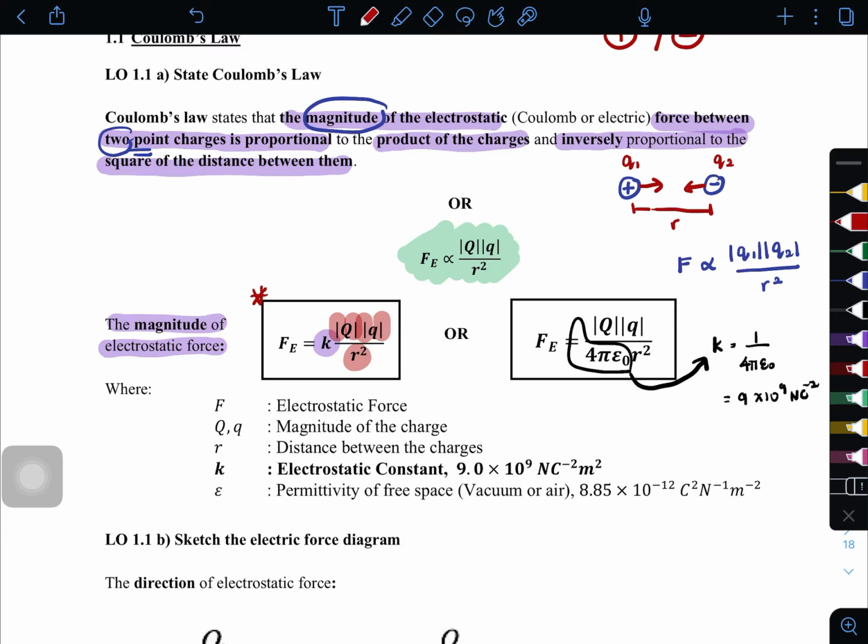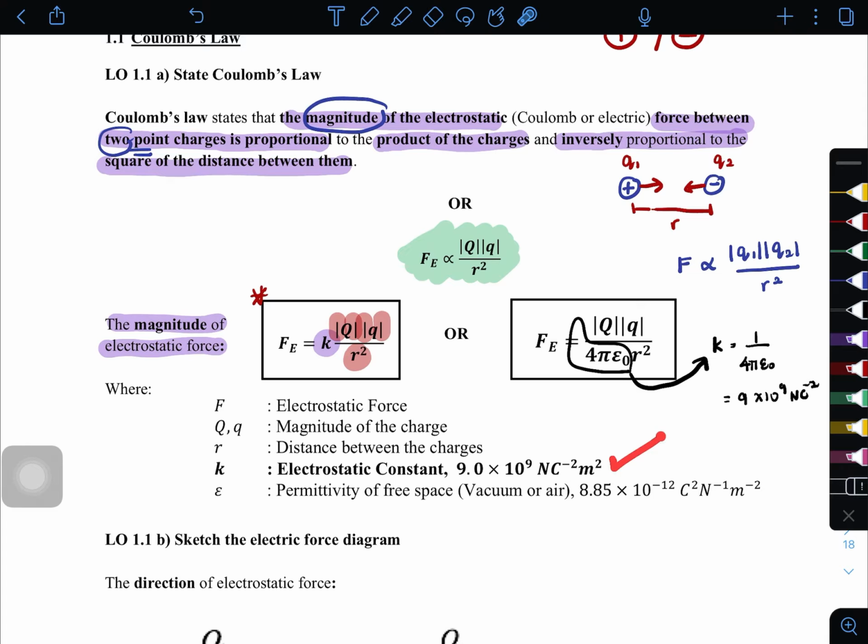So Fe is the electrostatic force, and Q is the magnitude of the charge. It says the magnitude, that's why I put modulus in my definition. Some people ask, madam, can we not put the modulus? Yes, you can, but when you put in the values, all values must be positive because it wants the magnitude only. r is the distance between the charges, and k is the electrostatic constant, 9 times 10 to the power 9.